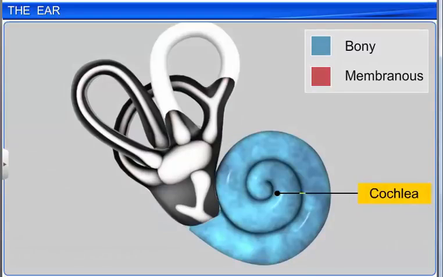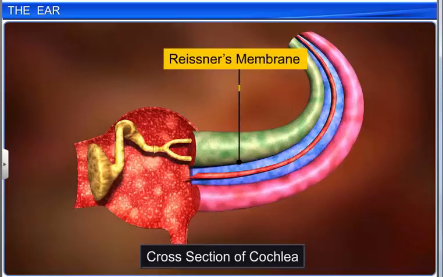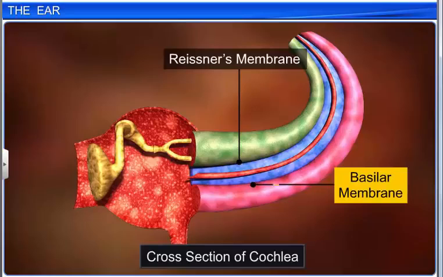The cochlea is the coiled portion of the bony labyrinth and is also known as the auditory section of the inner ear. The cochlea, in turn, has two membranes, namely Reissner's membrane and the basilar membrane.